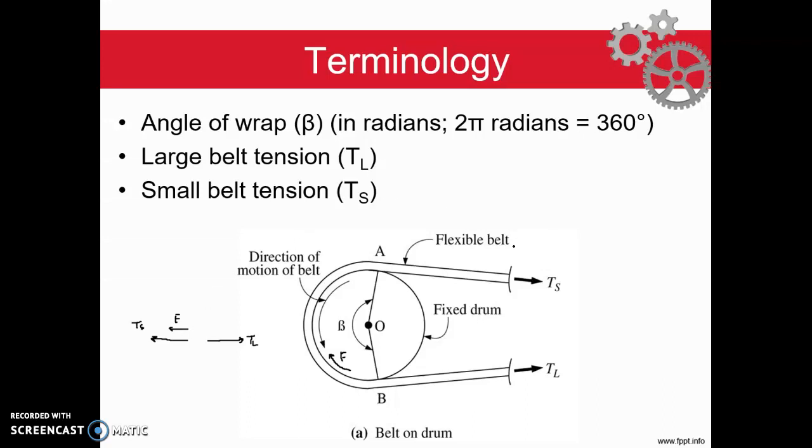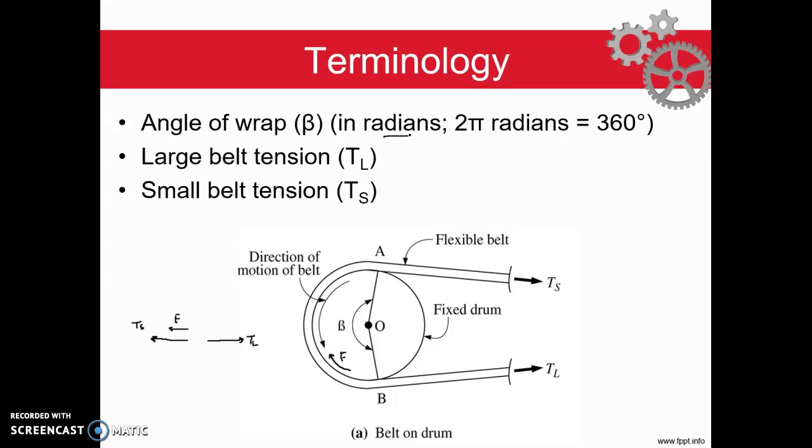Well, before we can get to the formula, let's talk about this variable beta. This capital beta is used to represent the angle of wrap. So what is the angle measured in radians?